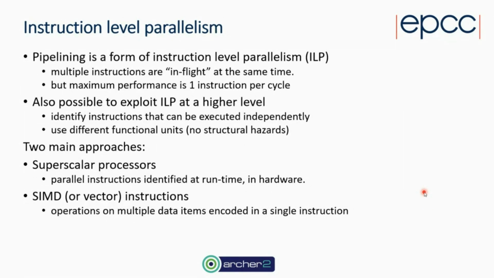And there are times when you can see the performance of applications reduced because this isn't working, for a number of reasons. One of them might be you genuinely have these dependencies and the branch prediction's not working well, or you have to wait for the result of an instruction to complete before you can get the result, and there's nothing else you can run until you get that result.